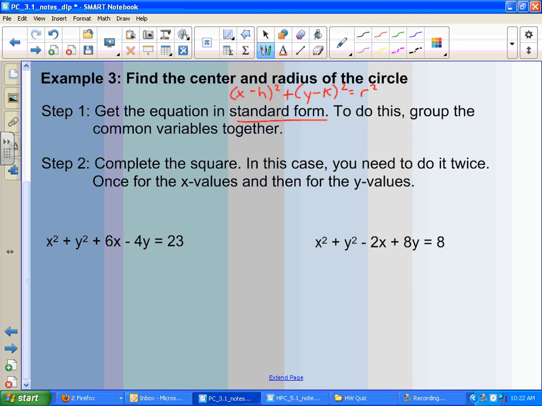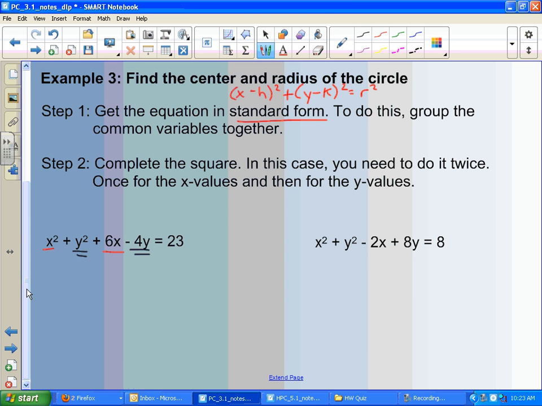So we're going to take the x values, x squared and 6x, and we're going to complete the square with those values. Then we're going to take the y values, y squared and negative 4y, and complete the square with those two. Now that 23 is actually a good spot. It's already hanging out where it needs to be. It's already on the other side. That's our constant, our c value.